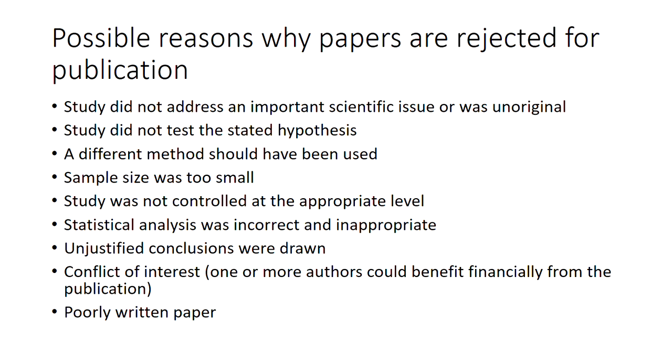That author very much has a conflict of interest. So any study they do might be inherently biased towards thinking that the drug that they're going to profit from works. And then it might just be a really poorly written paper. I have reviewed papers and read papers that are just horrible for grammar and understanding and just need to be completely rewritten.